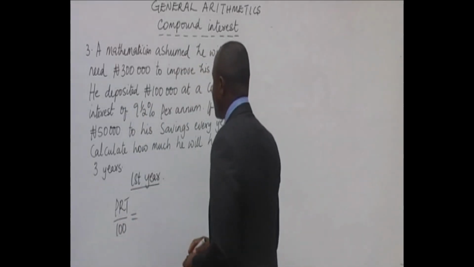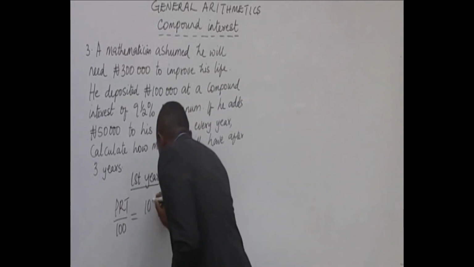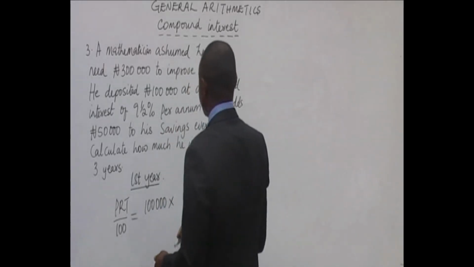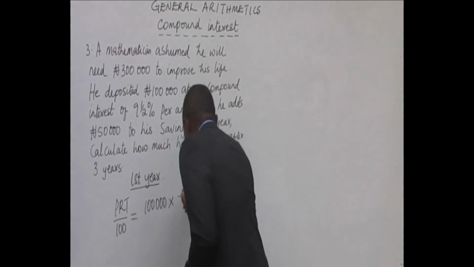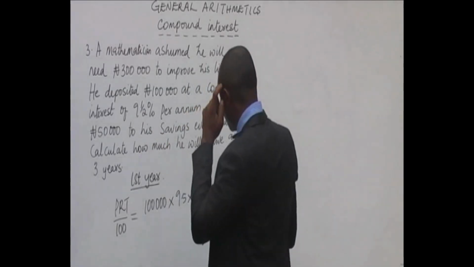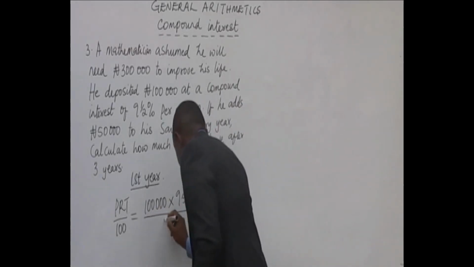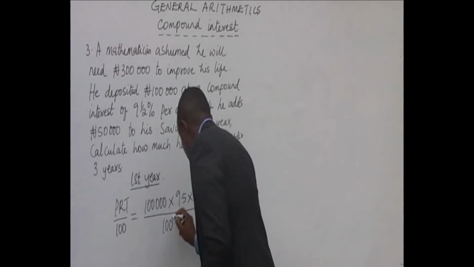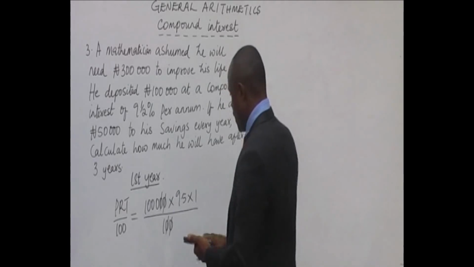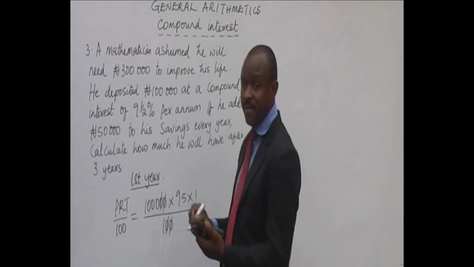The principal he deposited is 100,000, so write 100,000 times the rate 9.5, then times 1 for the first year, divided by 100. These two zeros can go. Multiply out: 1,000 times 9.5 will give you 9,500.